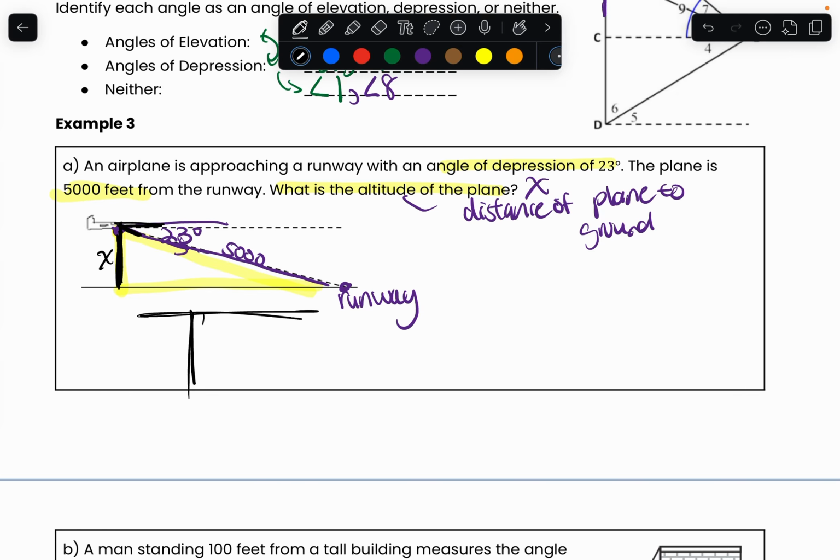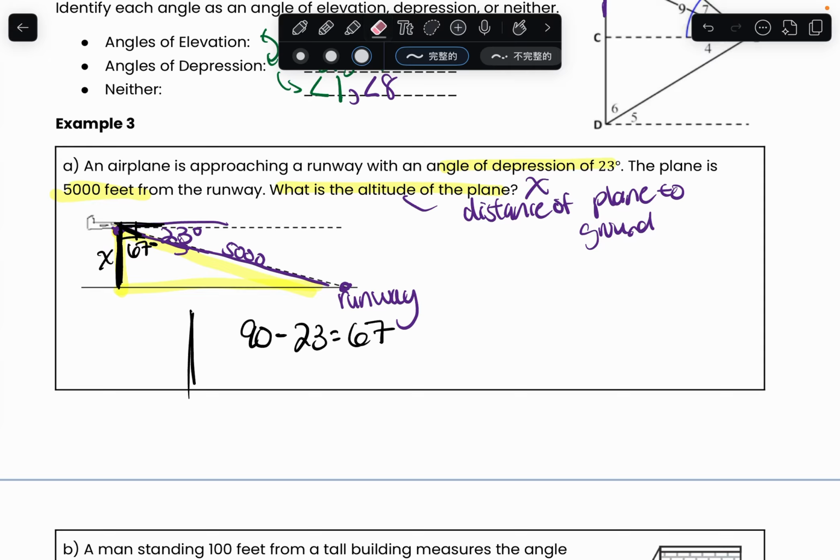So it must form a right angle. Now, if this forms a right angle here, and part of my degree is 23 degrees, what must this angle right here be? Well, you will have to do 90 minus 23, which will get you your favorite number, which is going to be 67. So this will be 67 degrees right here.